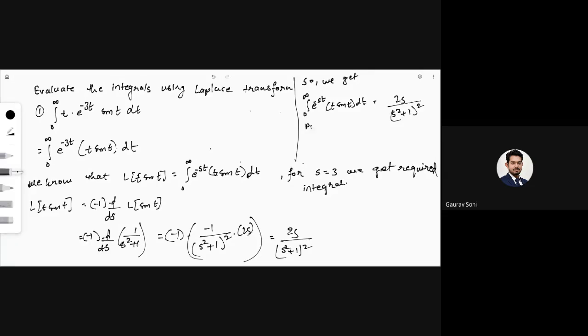So put s is equal to 3. What we got: 0 to infinity e to the power minus 3t t sin t dt, so the answer is 6 upon 9 plus 1, 10, 10 square 100. Sorry, 3 by 50 is our final answer. Clear with this?